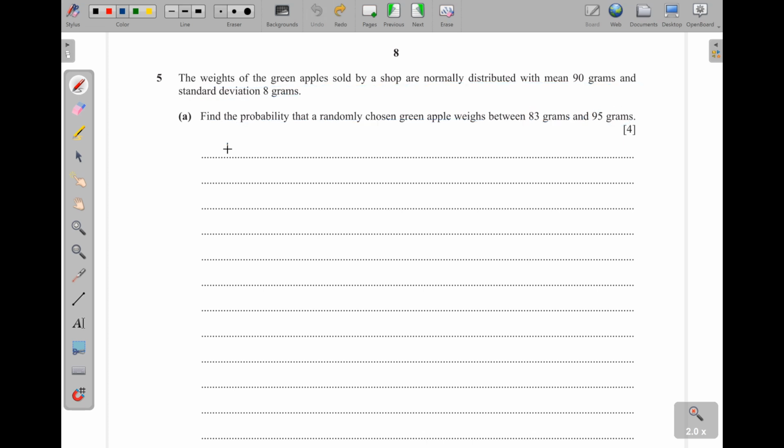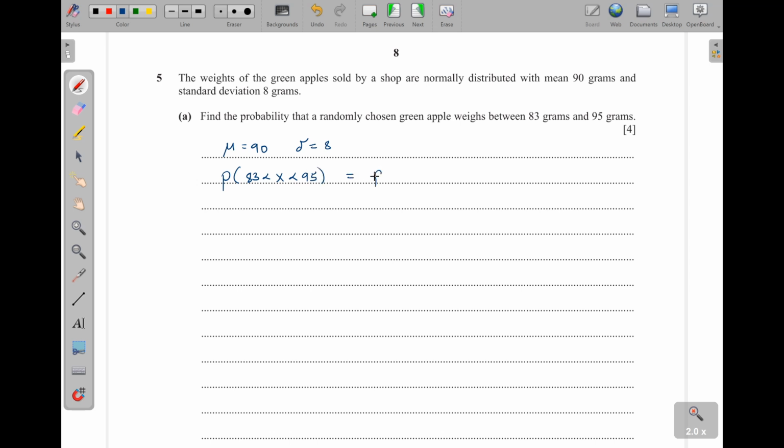Okay, so we have our mean is given as 90, standard deviation is given as 8. So we are told to find the probability that a randomly chosen green apple weighs between these two. So I'll put 83 here, less than x, less than 95.